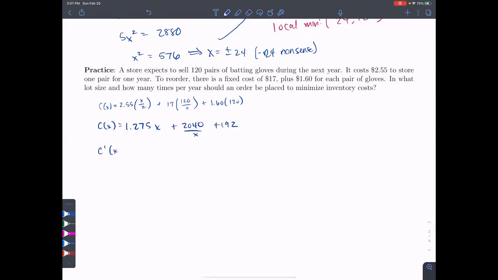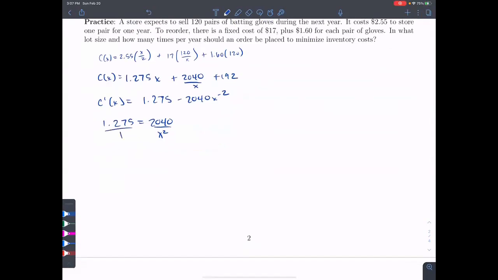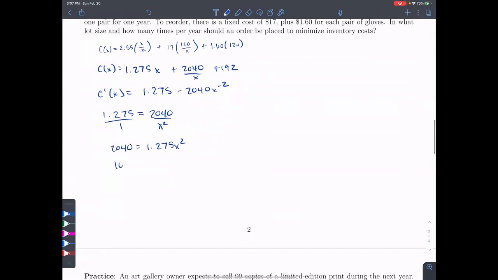So C prime of x is 1.275 minus 2040 x to the negative 2. Undefined at x equals 0. Set the thing equal to 0. So we have 1.275 equals 2040 over x squared. So you're looking at 2040 equals 1.275 x squared. Divide, you get 1600 equals x squared.